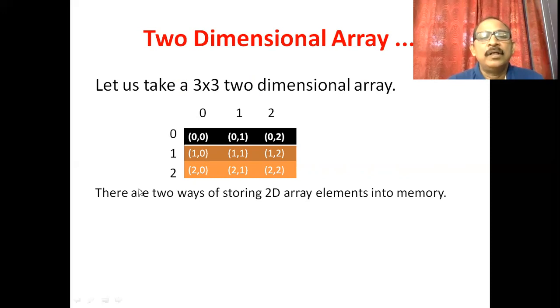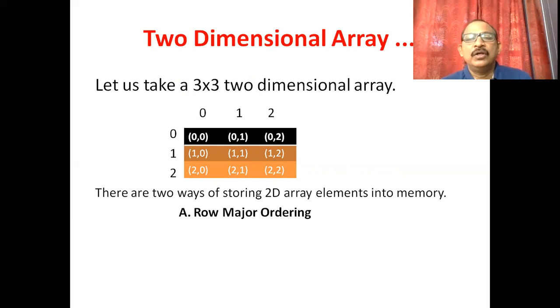Now, there are two ways of storing a two-dimensional array into computer memory. First is row major ordering. We store the elements of the two-dimensional array into computer memory through row major ordering, or we can store the elements with the help of column major ordering.